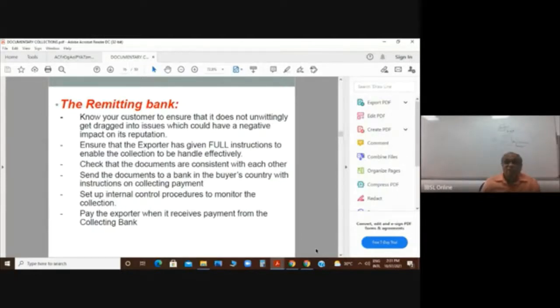Ensure that the exporter has given full instructions to enable the collection to be handled effectively. It's very important, full instructions.